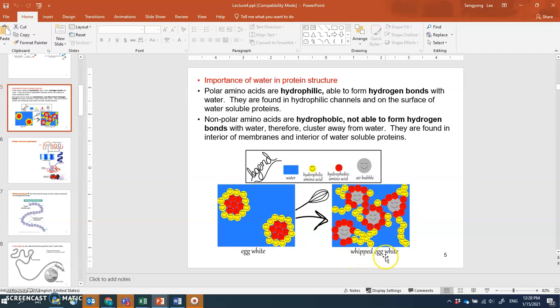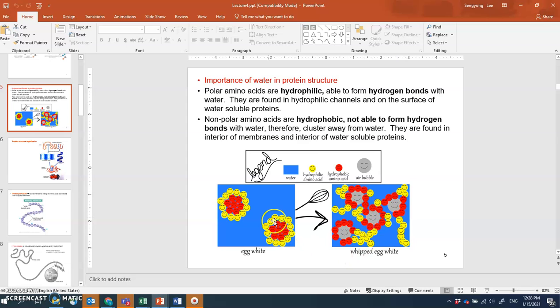Whipped egg white, so there will be a lot of air droplets that could come in and interact. So air doesn't have a lot of water in there, so these hydrophobic amino acids will try to stay with the air molecules. So the whipped egg white will maintain the structure. So hydrophobic amino acids sticking with the air bubbles.